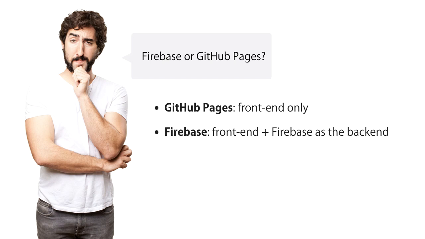But with Firebase, we get additional services. We can use Firebase library to store our data in a NoSQL real-time database. We get cloud messaging, we get storage, and other services. So if your application needs some kind of backend, but you don't want to build that backend from scratch, you can use Firebase. So now let's see how we can deploy an application to Firebase.